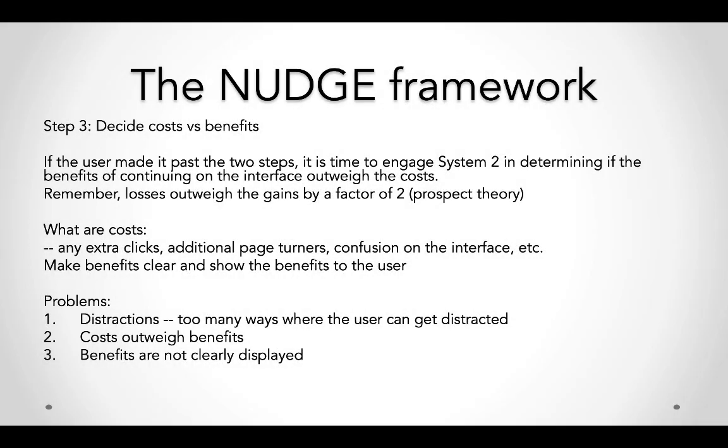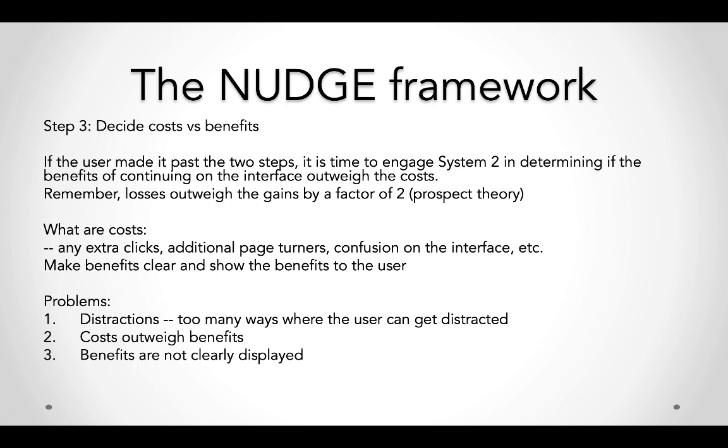So if we went through step 1 and step 2, which are system 1, now since we like it, we have arrived at this moment when we are considering giving more time on the online interface we're talking about.